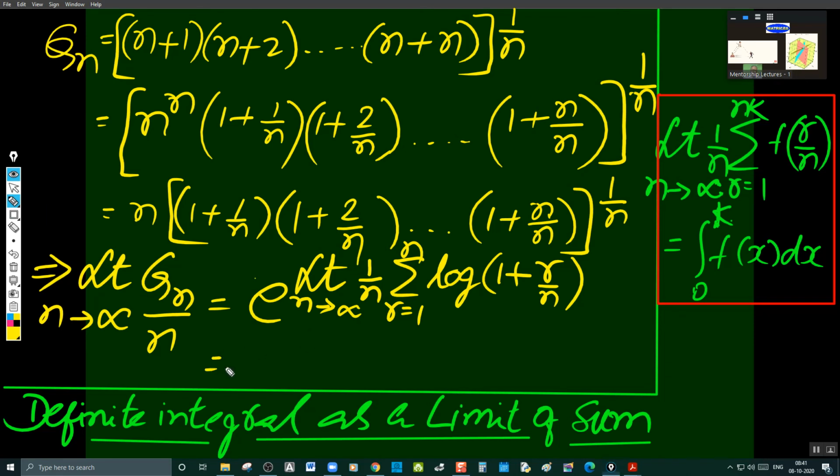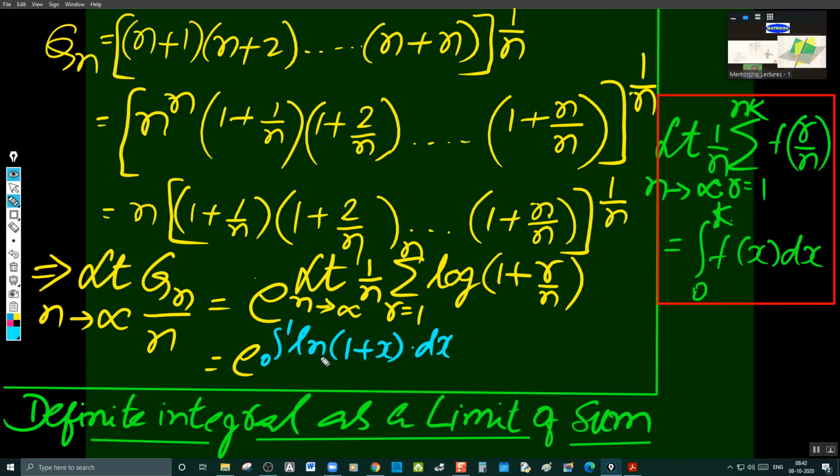This is e power, limit of 1 by n sigma log of 1 plus r by n, r runs from 1 to n as n tends to infinity, becomes e power integral 0 to 1, this becomes ln of 1 plus x. Replace r by n with x. This is the value of it.